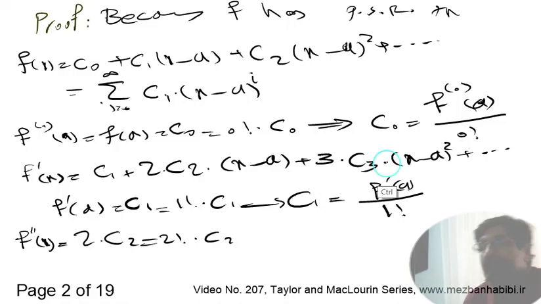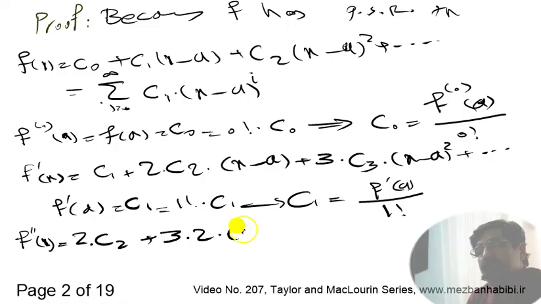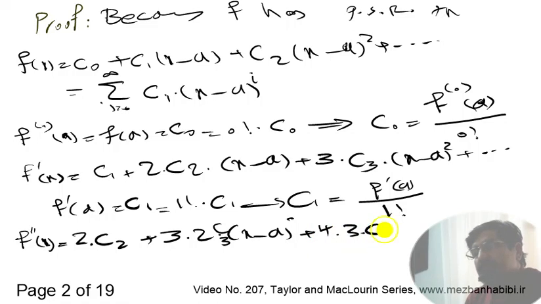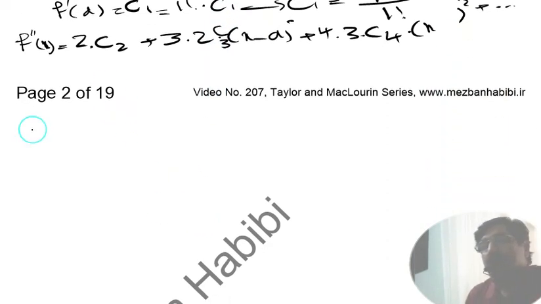So f double prime of x is 2 times c2 plus 3 times 2 times c3 times x minus a plus 4 times 3 times c4 times x minus a squared.